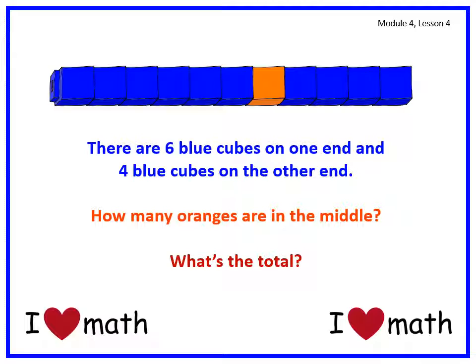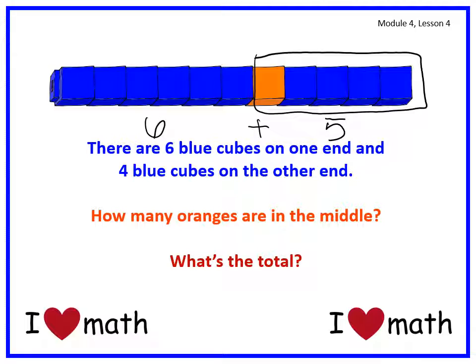So if I join the 1 orange here with the 4 blue, I have 5. So then I know the 6 plus 5 equals 11.